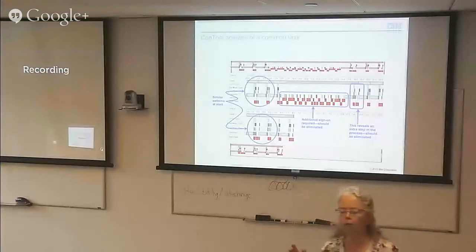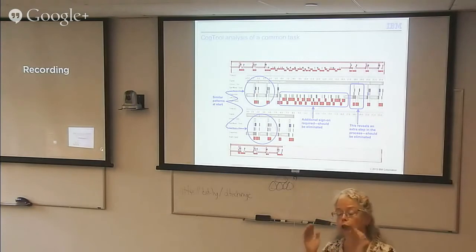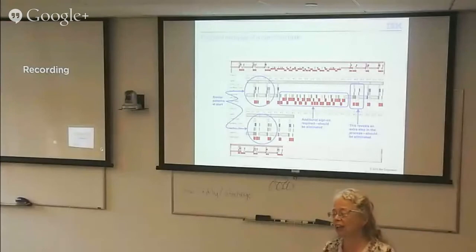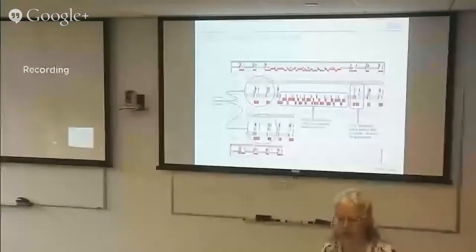Okay, and what CogTool does is it puts a think time after looking at something to do that processing. And so it is a black box, and if you have other data from other studies that you have done, that is the one thing we made editable. So we said the average thinking time is 1.2 seconds from a lot of prior research.